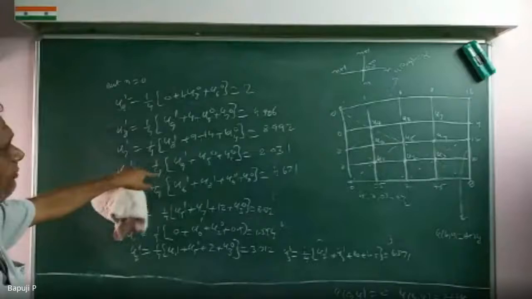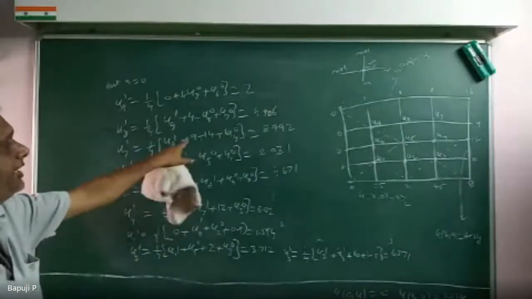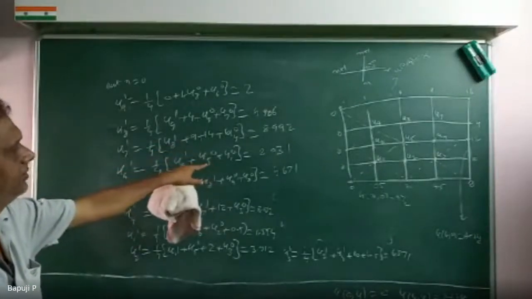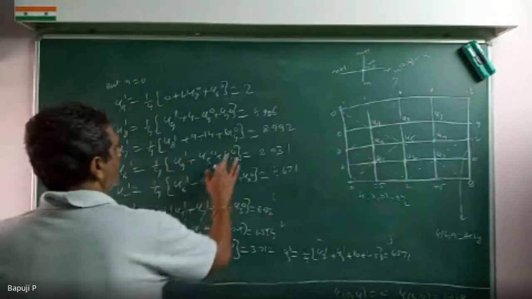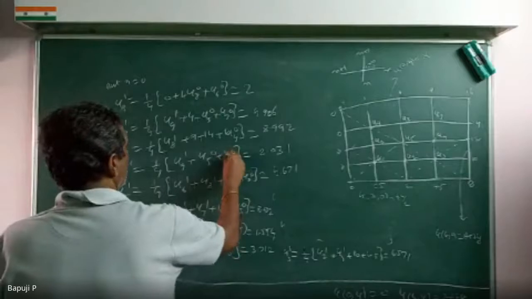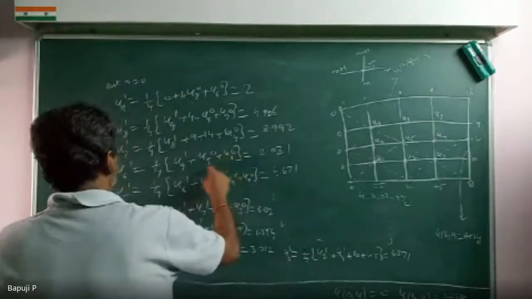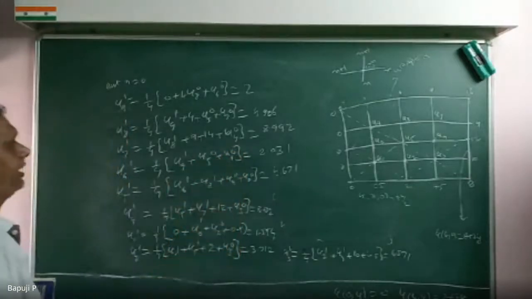U62 is equal to what? 1 by 4, U92, U50 plus U50. U1, sorry, U11 you will get.